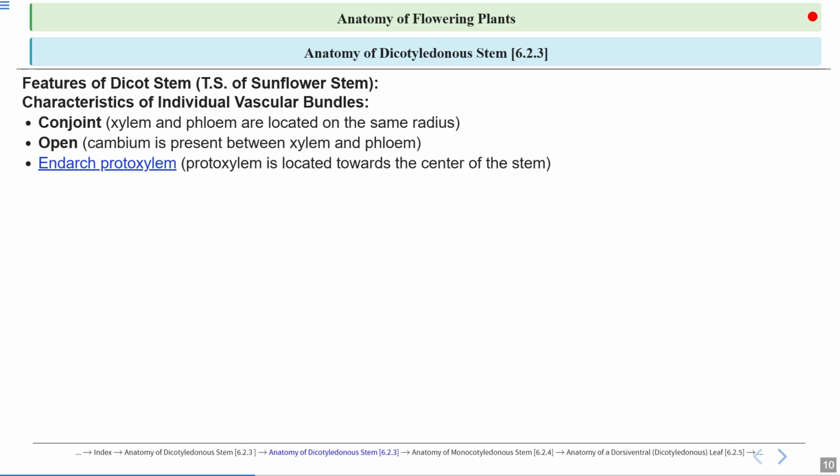Endarch protoxylem. Protoxylem is located toward the center of the stem. There are two types of xylem, protoxylem and metaxylem. So here it is called the endarch type of protoxylem.